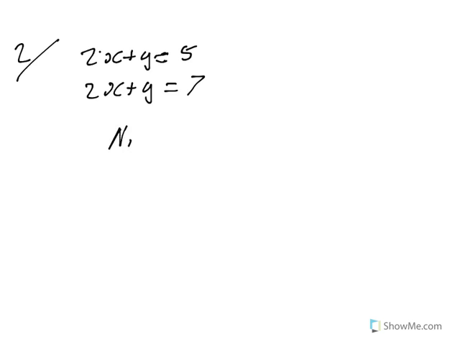Second possibility is say something like this: 2x plus y equals 5, and 2x plus y equals 7. Now, when you have a look, you'll notice that the left-hand side is the same, but the right-hand side is different. So if you tried to solve this, you'd have no solution.